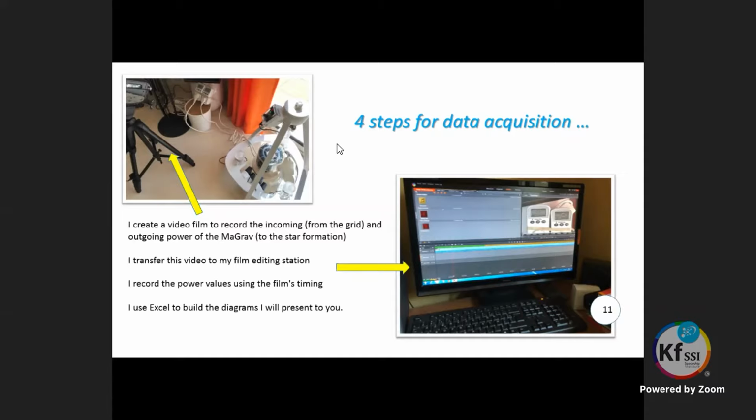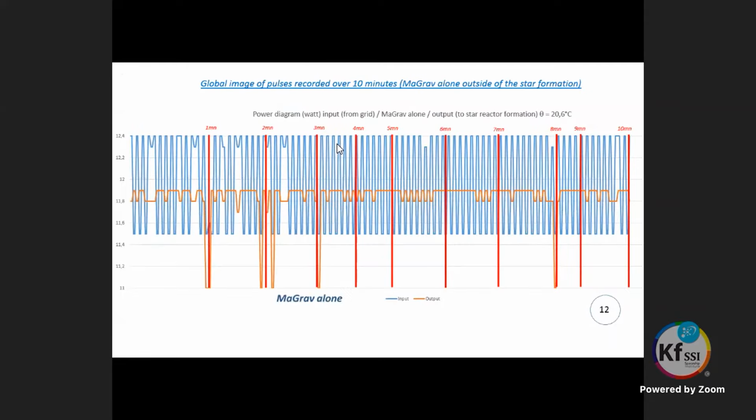And then he made an Excel program and built the graphs for the diagrams from that raw information. You go to the next page. And this is the image of the pulses that occurred. He did two of them.